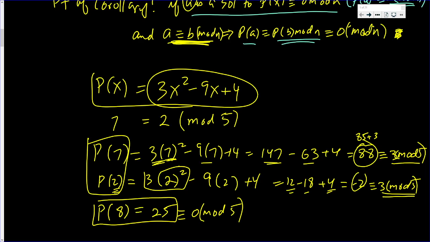It's just that this number must be a multiple of 5. 5 must divide the difference, and 25 minus 0 is 25. So even though p of 8 is 25, it can equal 0 mod 5, or mod 25. Okay, just wanted to point that out.